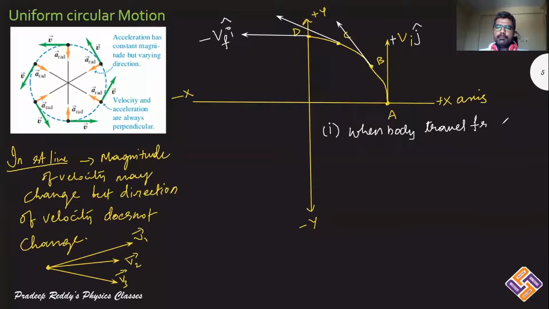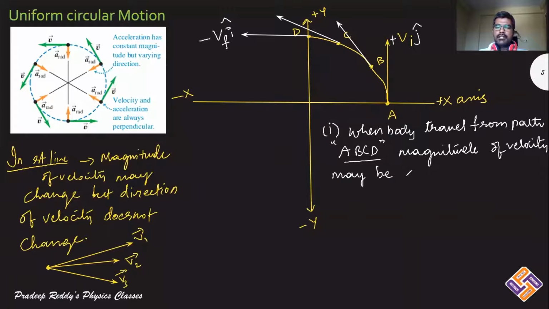So point number 1 which you need to learn here is, when the body travels along the path A, B, C, D, the magnitude of velocity may remain the same, may be constant, but the direction of velocity is changing.